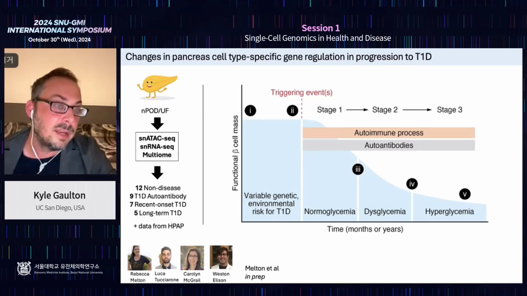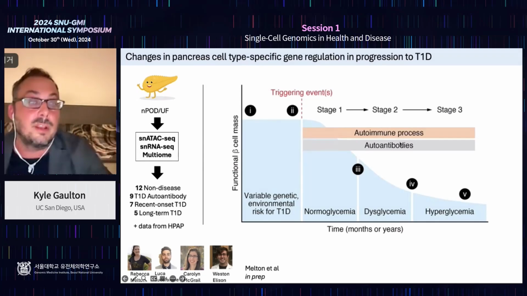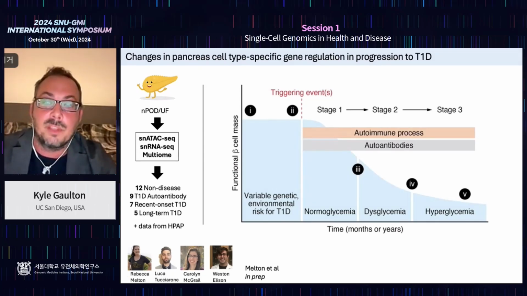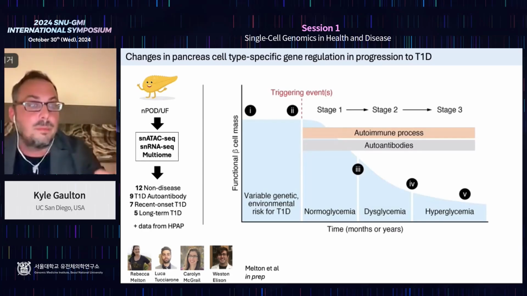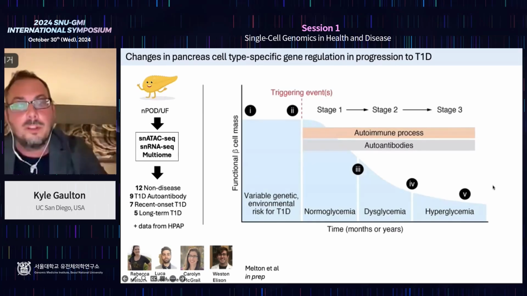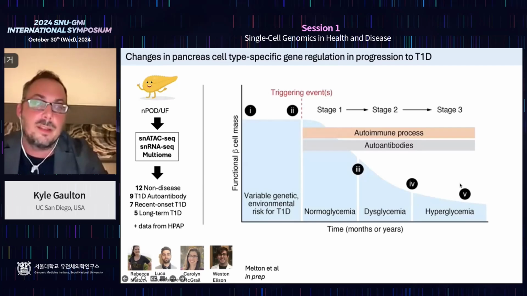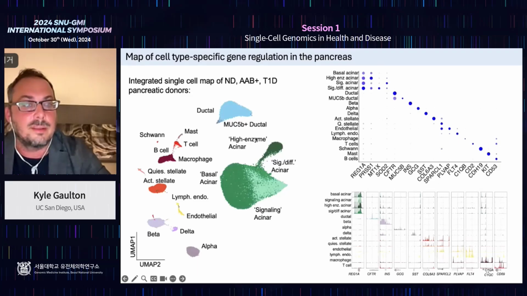It's often seen, not in everybody, but in many individuals, and can be used to identify people who are at risk for future development of type 1 diabetes. And so we did profiling of non-disease, autoantibody positive, which is not pre-disease, but somewhat of a pre-disease state, as well as people who had both recent onset type 1 diabetes and long-term type 1 diabetes, and asked how gene regulation changes across this axis.